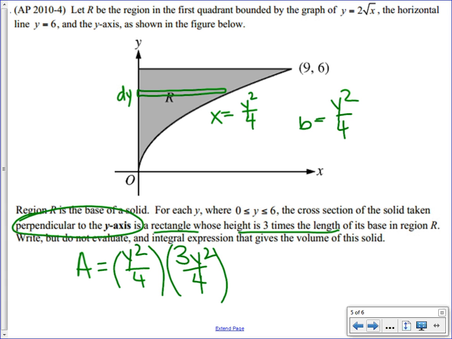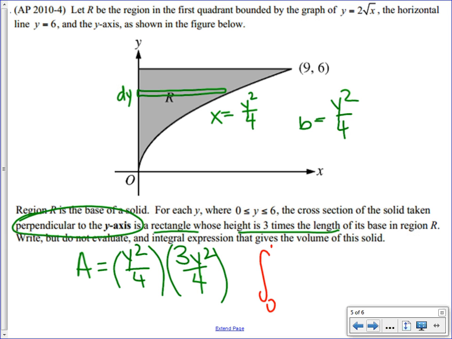Okay. So our integral. Carly, what are our limits of integration? 0 to 6. Very good.